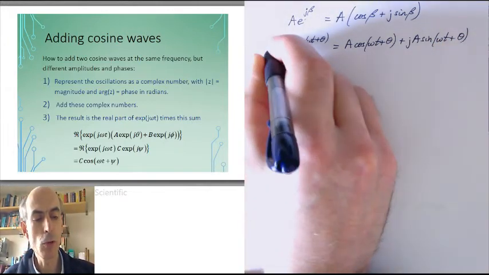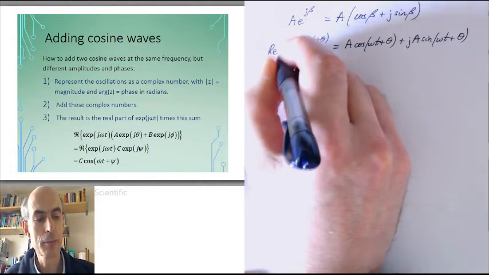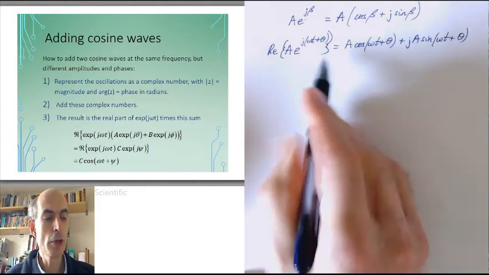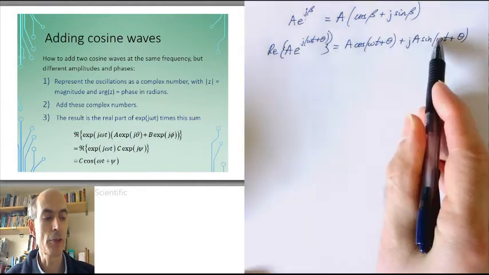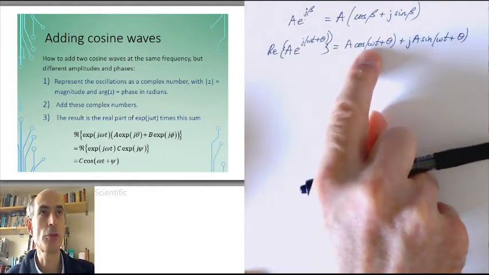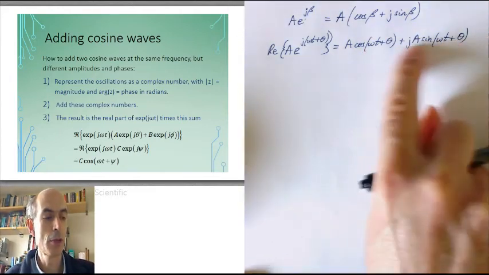So if I take the real part of this, well, the real part of the right-hand side here is just this cosine term, because this term is completely imaginary.